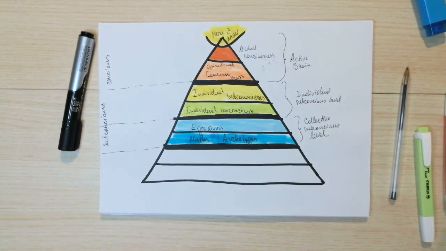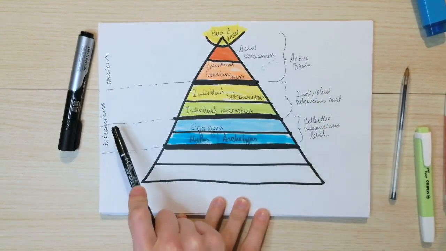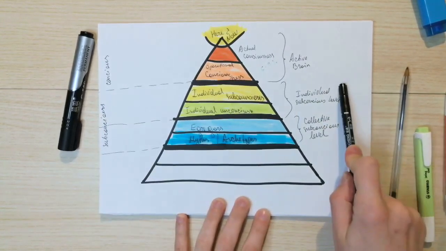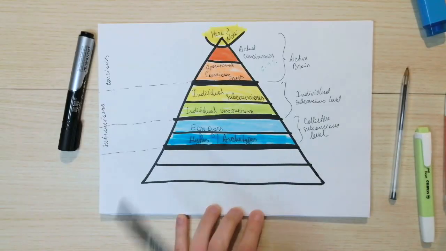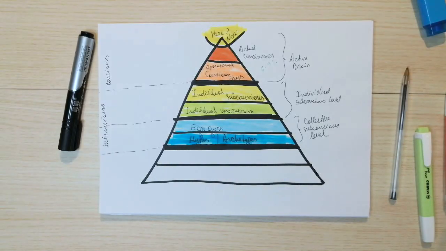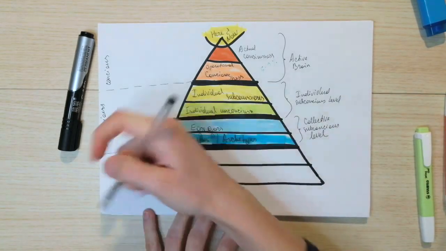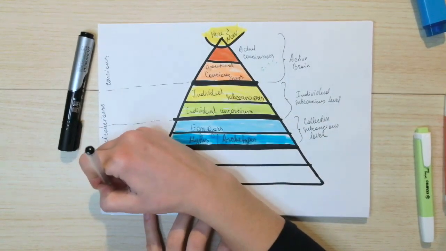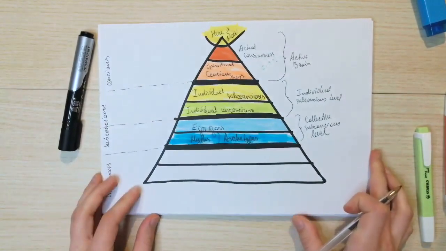Okay, so we have the conscious level that has our active brain. We have the subconscious level that has our individual subconscious level and collective subconscious level. And now we go deeper into the unconscious level. Okay, so this is the unconscious part of our brain.